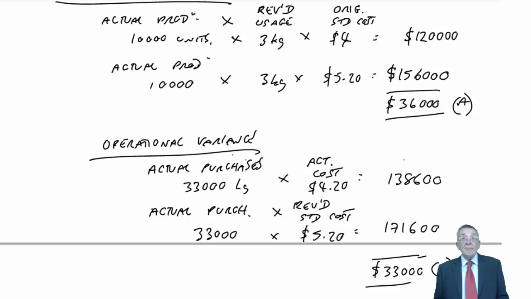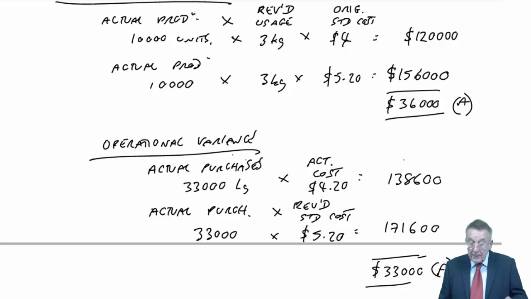Okay, so it's not hard. For I think the third time, but the last time, operational variance is exactly as always. With basic variances, we're just comparing actual cost with the original standard cost. With planning and operational, much more sensibly, actual cost compared with revised standard cost.